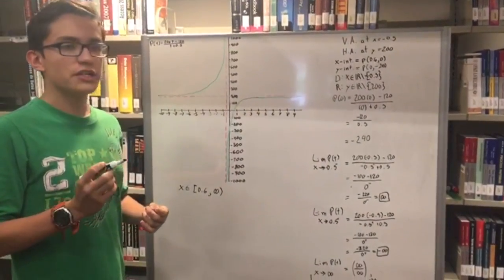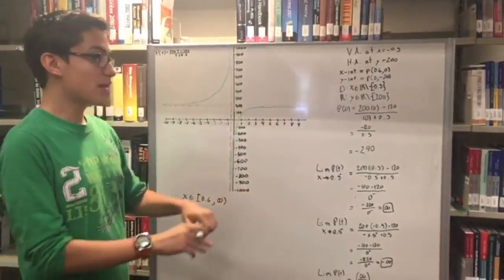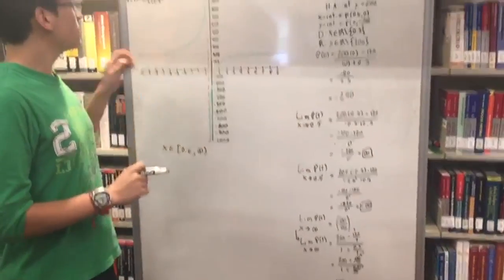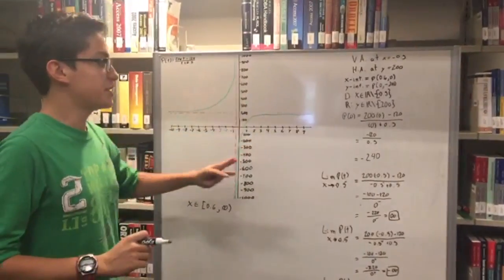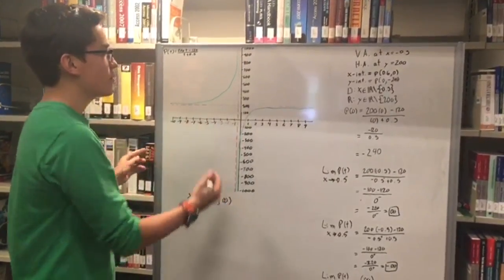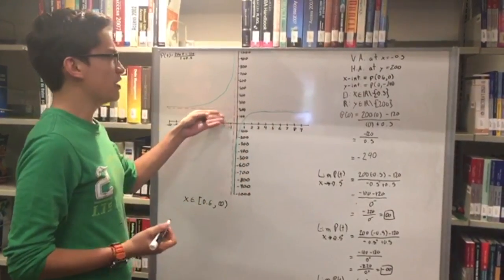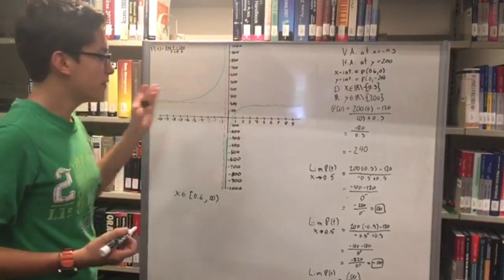To know if our function is increasing or decreasing, we need to know the limits that we have here, and also the domain and the range. With this we can notice that it is increasing, going from y 0 to y infinity.